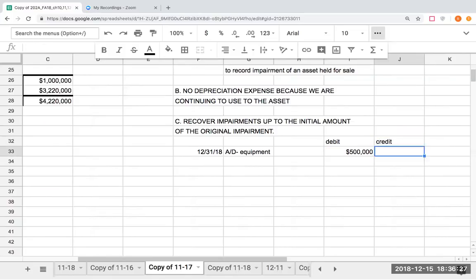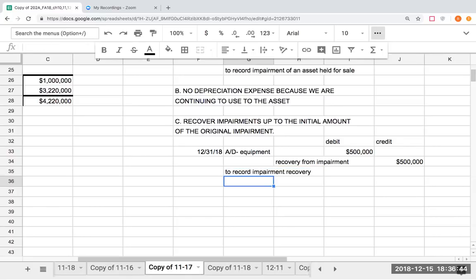I'm going to credit recovery from impairment, or just call it recovery from impairment. And my description would be to record impairment recovery.